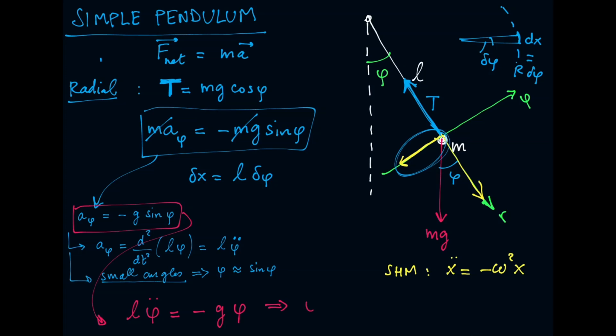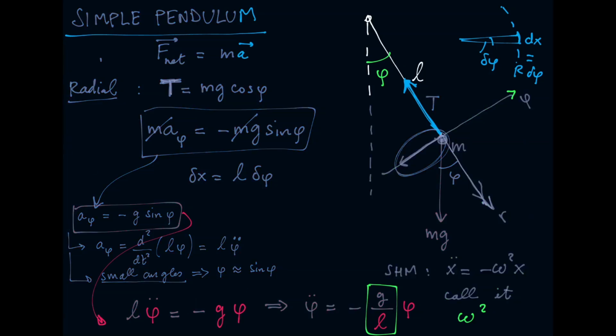So let me just rewrite it as phi double dot equals minus g over L phi. And you know where this is going. We can take this quantity and call it omega squared. And lo and behold, we have exactly the same solutions as we've seen for simple harmonic motion, the uniform circular motion.